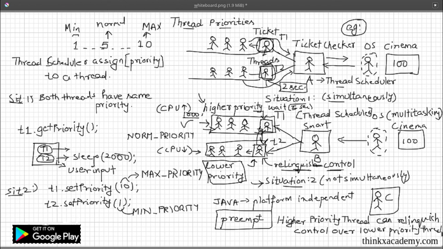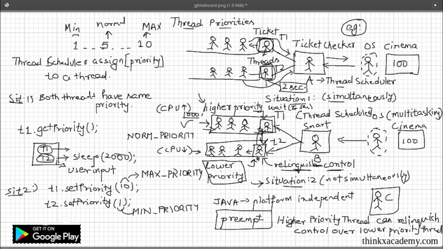And I hope this makes sense from this example. You can see that if we assign higher priority, we can just wait for 5 seconds, and for those 5 seconds we are giving the lower priority thread a chance to get the control and start its execution, or to start giving the tickets in this example.